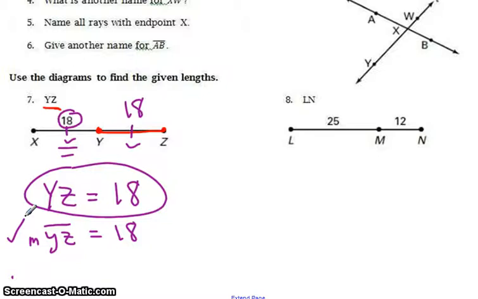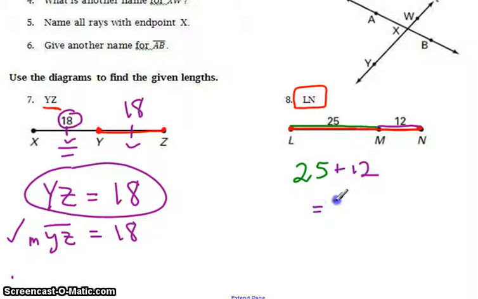All right, so with that being said, let's quickly go to number 8. Remember, number 8 says distance again between L and N. So let's find L, find N. The distance between those would be the whole line. So we're going to use segment addition here. The distance from here to here is 25, but we should not stop because we need to go all the way to N. So the distance from there to there is 12.